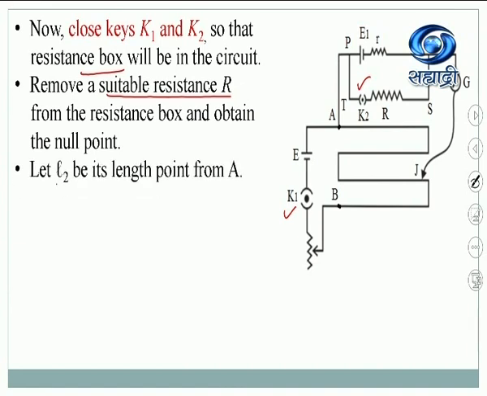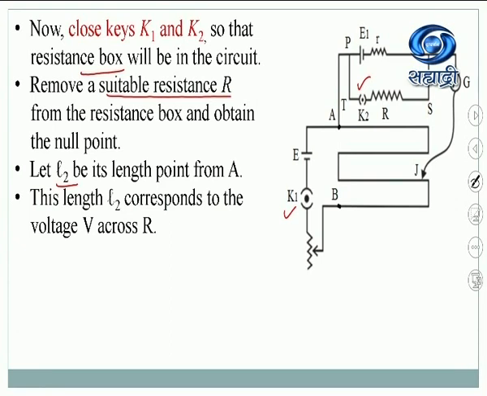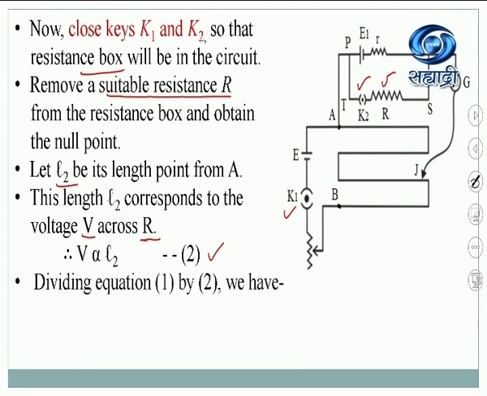Now, if L2 be its length from A, this length L2 corresponds to voltage V across R. Remember, voltage V is the voltage across the resistance. So V is proportional to L2 now, not E1, because R is in the circuit. So dividing equation 1 by 2, we get E1 upon V equal to L1 upon L2.